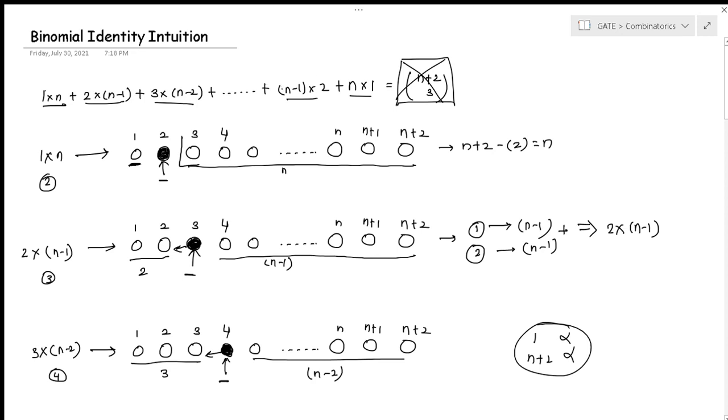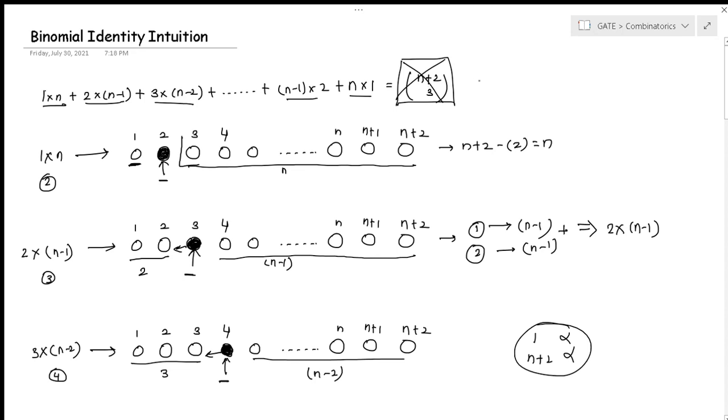And after watching this video, just close your eyes and try to imagine it by yourself, like you are having n plus 2 balls in front of you and you want to pick up 3 balls out of it. So how will you do that, right? Also try to think what will be the challenges if you try to do this same equation.